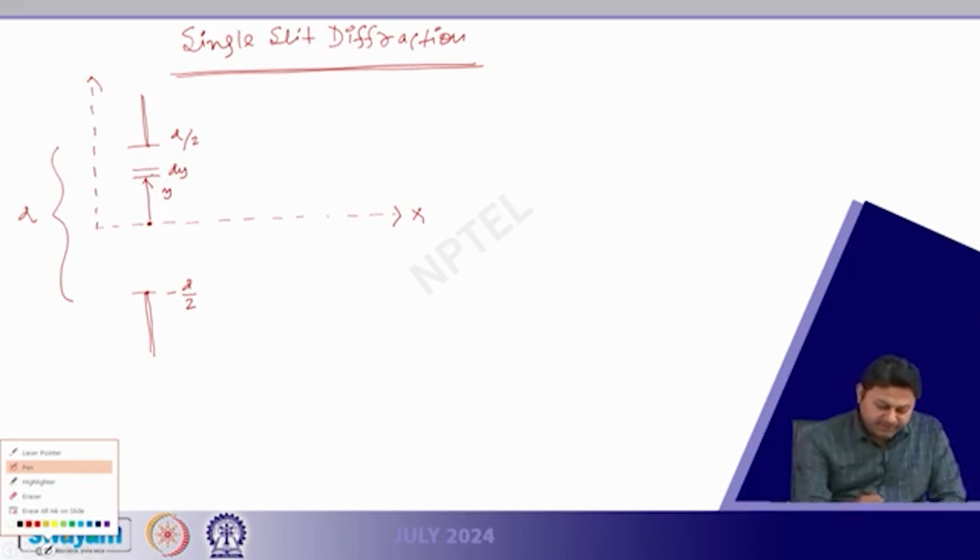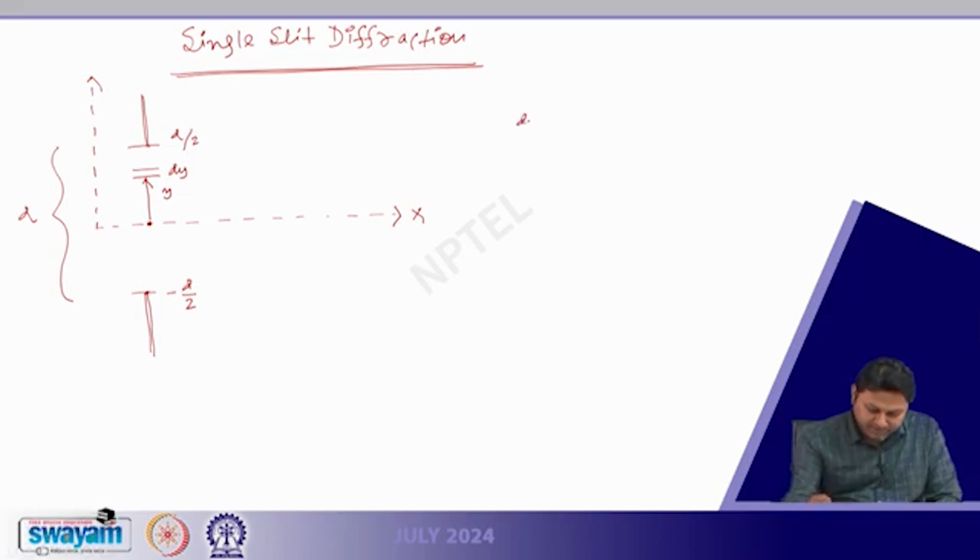So, the electric field that is coming out from this small section at some point P is dE. So, dE is the contribution of the small section at some point P. That value dE will essentially be amplitude E naught and then e to the power of i delta and dy.